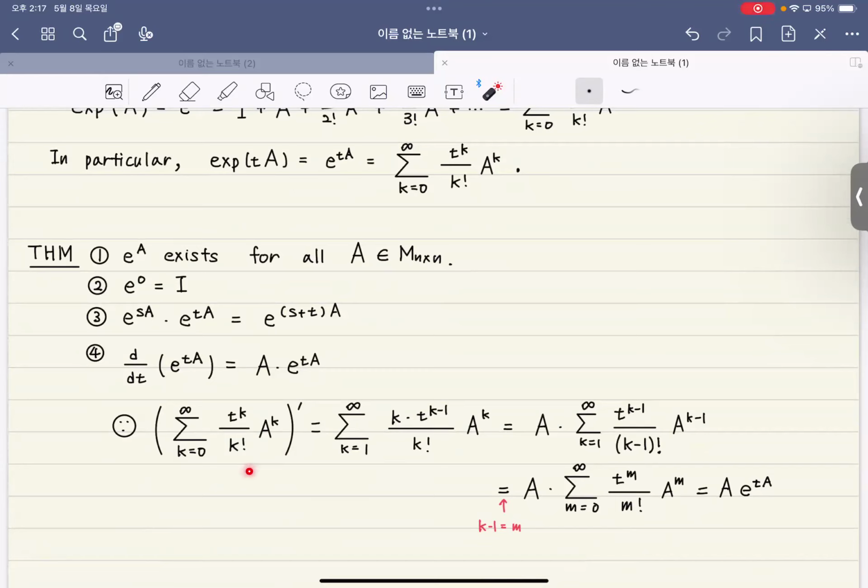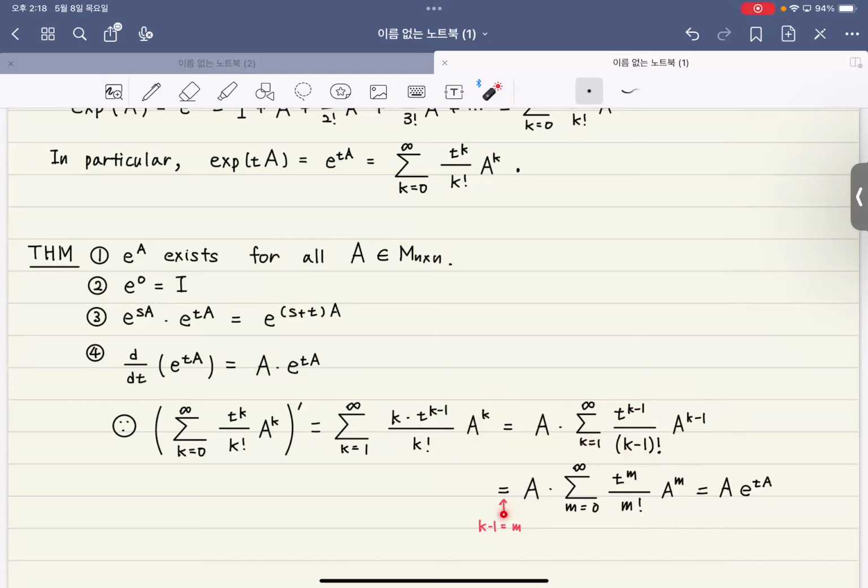Taking the derivative of my matrix exponential with respect to t, t to the k becomes t to the k minus 1, and the index now starts from 1. Dividing by k factorial, k over k factorial is 1 over k minus 1 factorial, with A to the k. Now I can send one factor of A out of this summation, just like this.